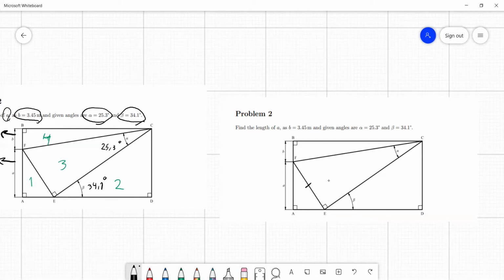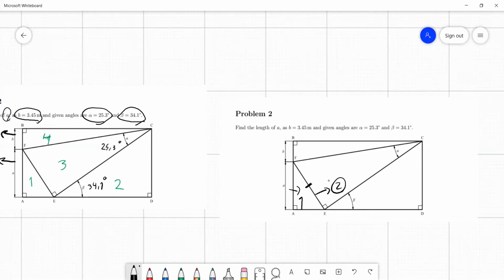Okay, so we do know that we need to find FE. And by the way, there are multiple different ways. I'm just picking one, and this is not necessarily the easiest, but I think it's pretty intuitive. But we will need to know FE. FE is good because it is the hypotenuse of triangle number one, but it is also the base of triangle number two.